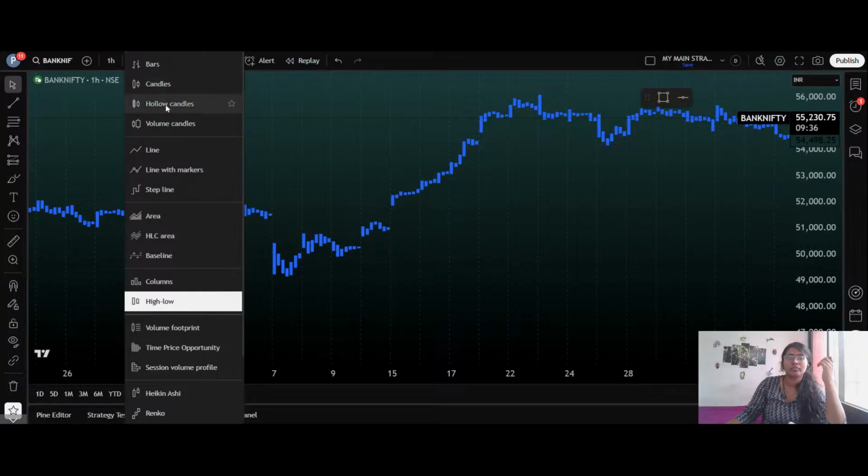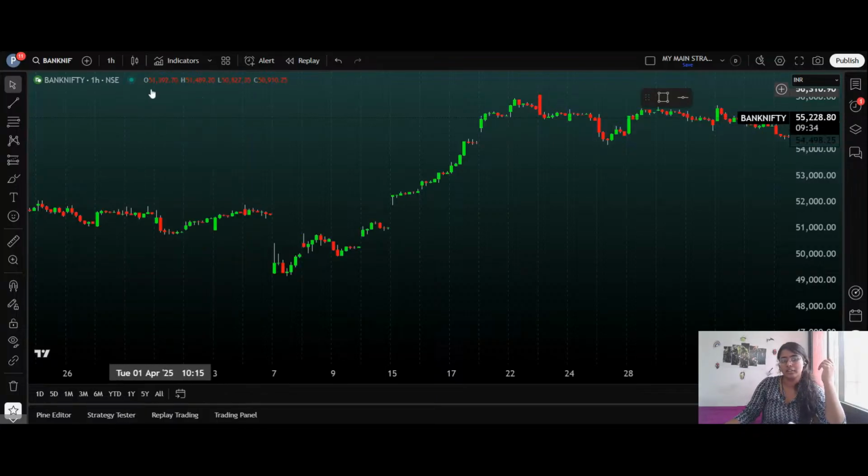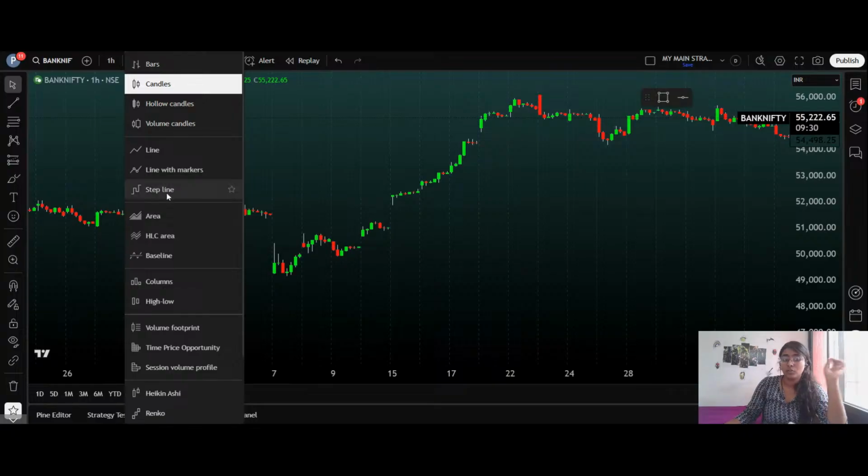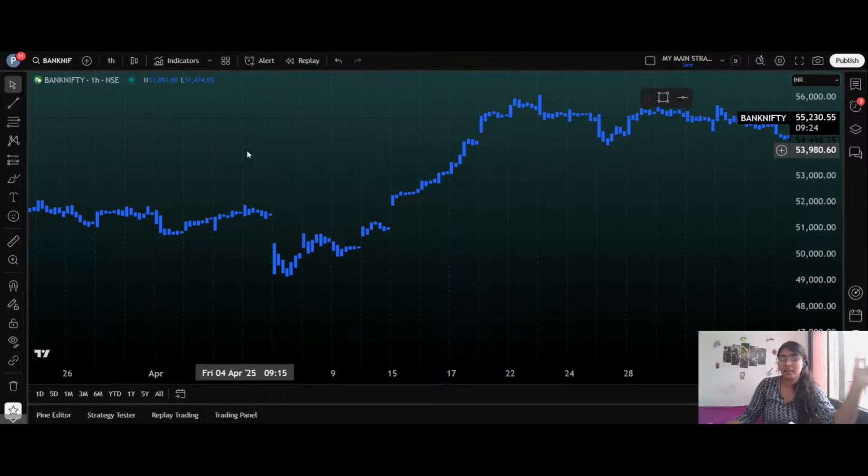Normal candles show open, high, low and close with two different colors. But the high low candle is different from the normal candles. Why is it different? As the name suggests, it only shows the high and the low in the candle.